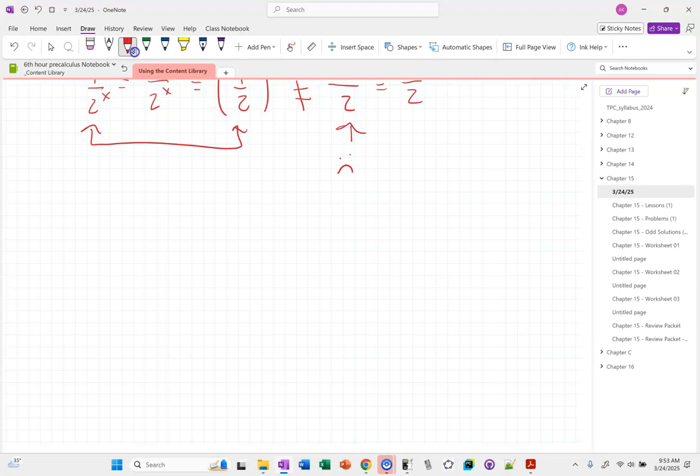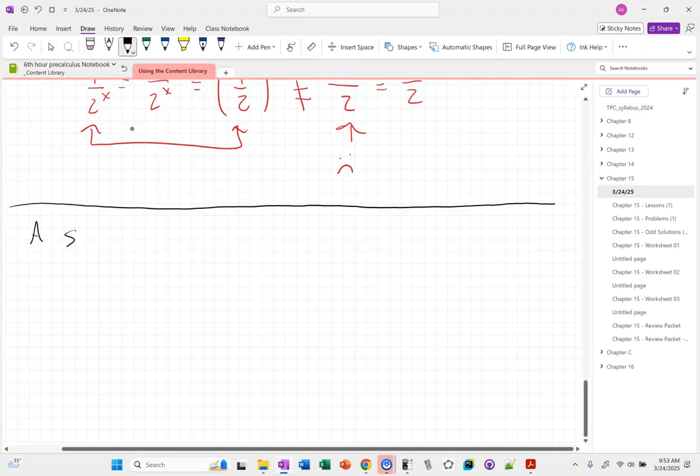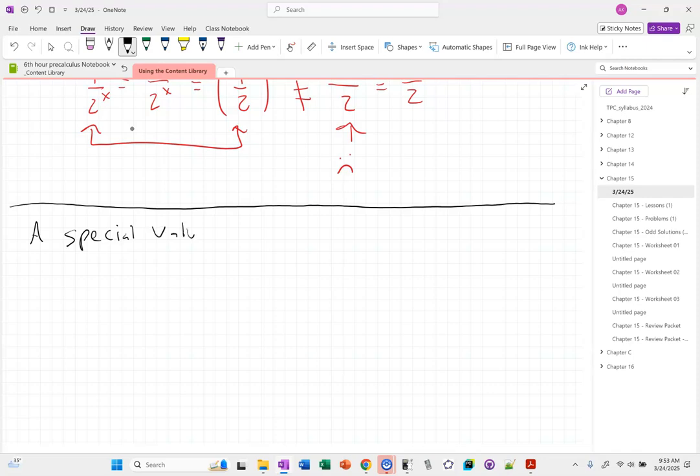So there is a particular value of B that's a special value. So that special value of B is the number 2.71828, yada, yada, yada.